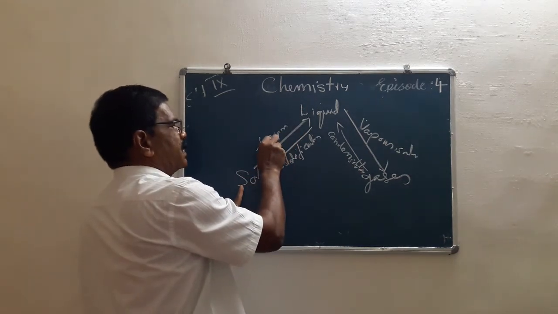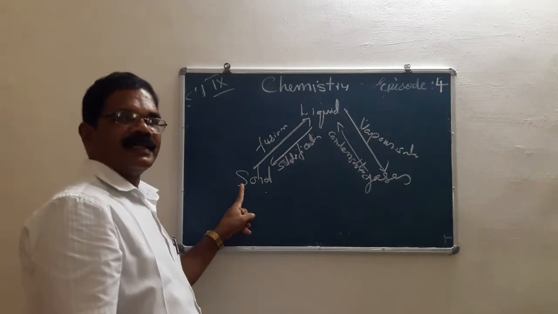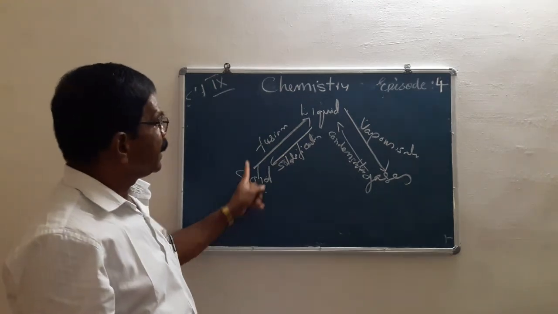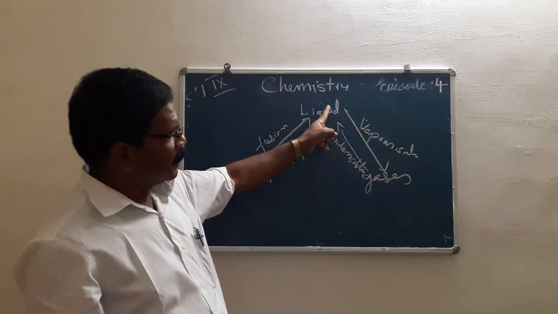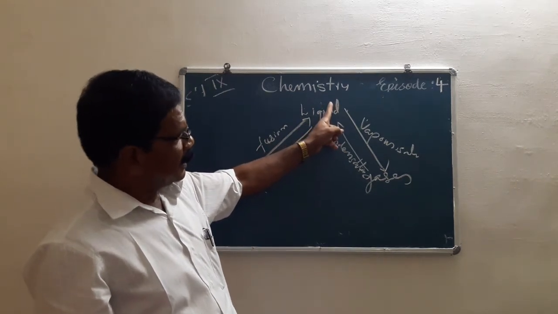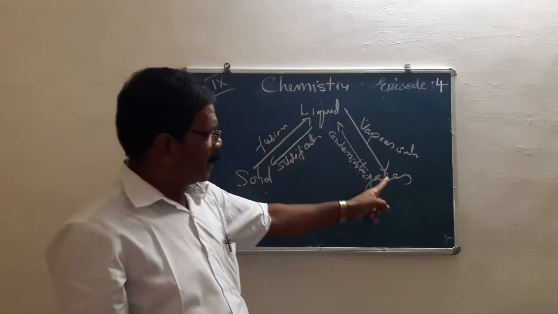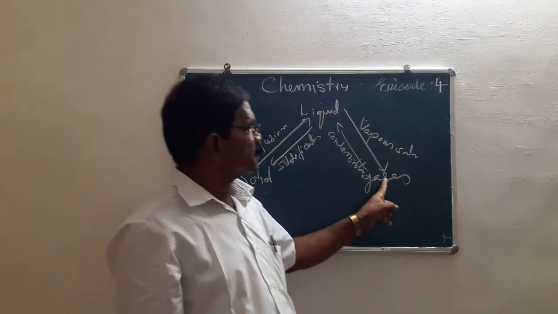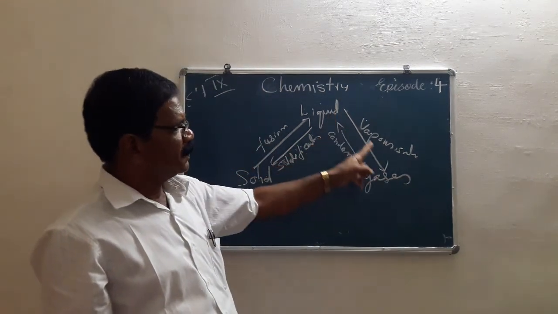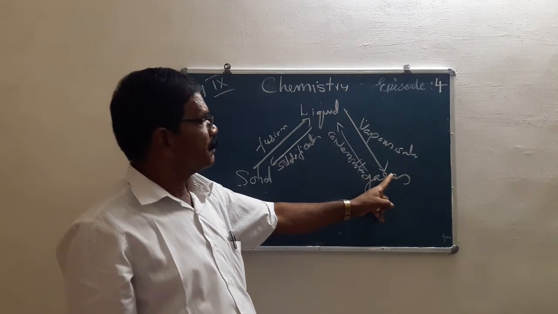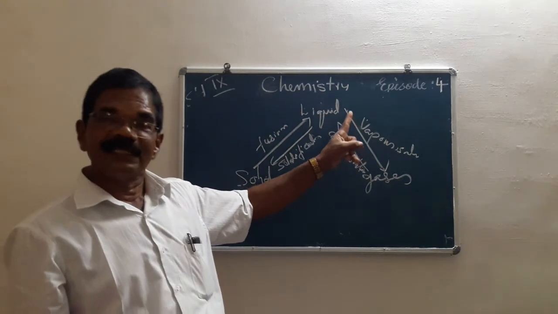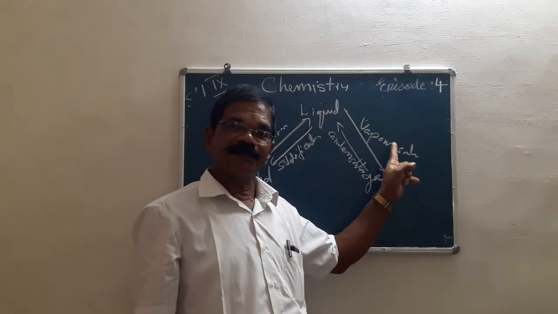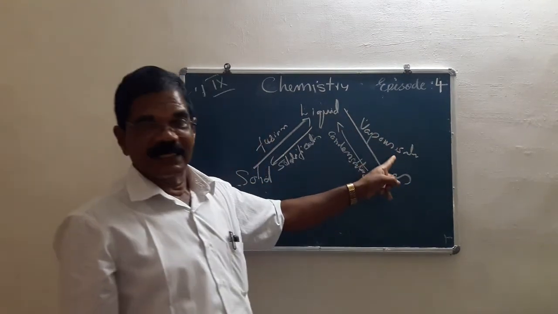That process is known as fusion, and the heat required is called the heat of fusion. Again, heating the liquid changes it to gases or vapor. That process is known as vaporization. Water on heating changes to steam. That process is called vaporization.